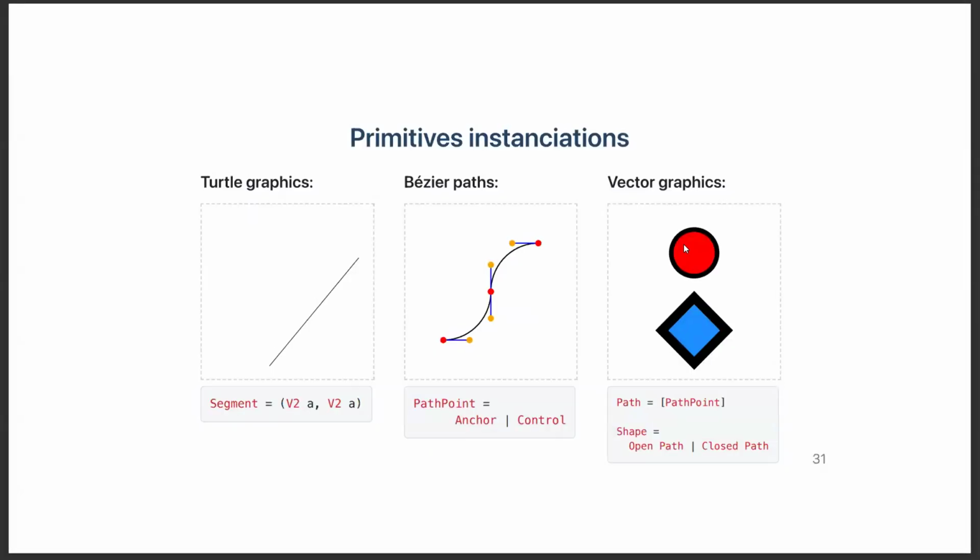So for turtle graphics, the primitives are line segments. For Bézier paths, there are 2 primitives, anchor points and control points. And for vector graphics, we are going to take any Bézier path, and we can use either an open path or a closed path as a primitive. And here you can see actually 2 primitives, which are both closed paths.